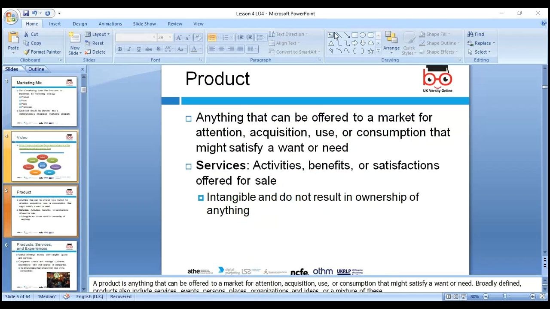Product. What is meant by product? Anybody know what is meant by product? Okay.